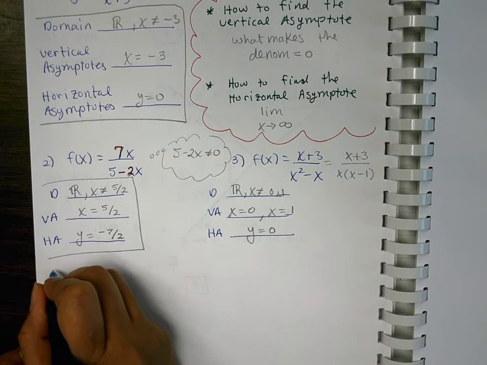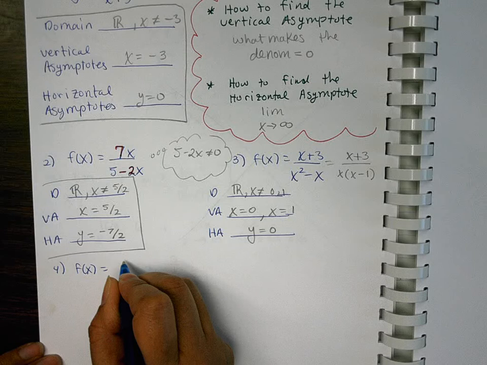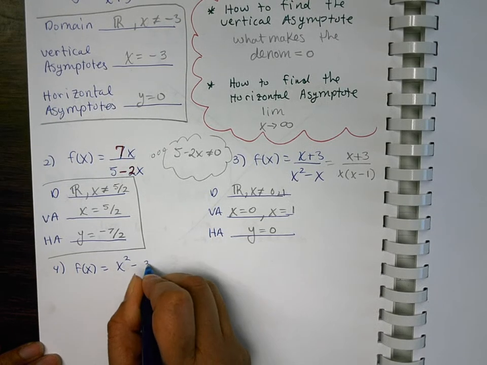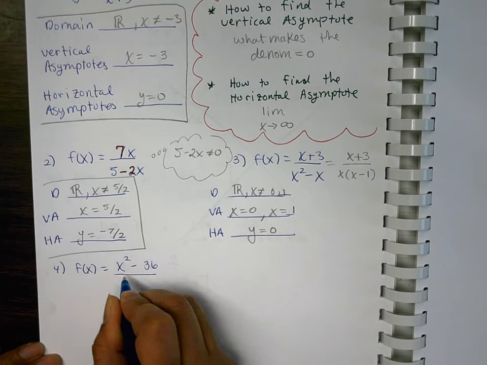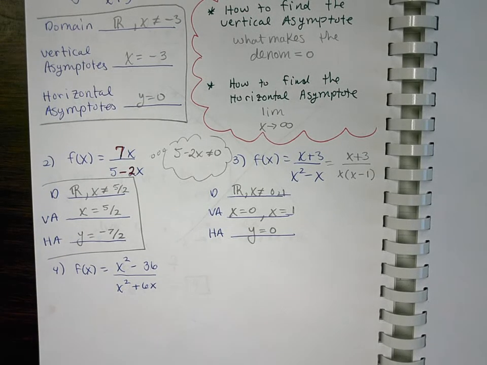Okay, number 4. F of x equals x squared minus 36 over x squared plus 6x. Okay, there is a little more to this one because not only can I factor the denominator, I can now also factor the numerator.